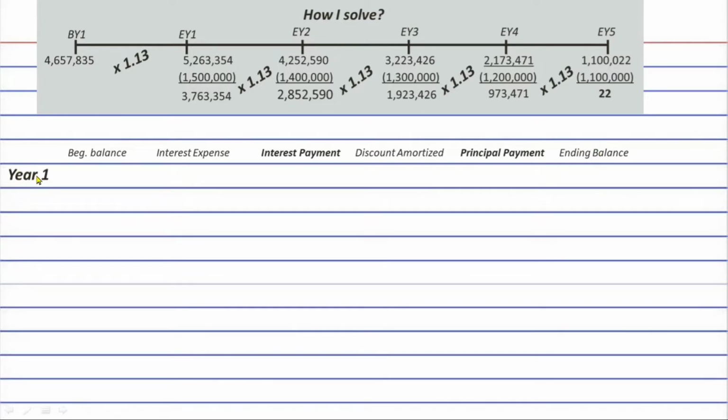Let's start with year 1. The beginning balance is 4,657,835 as given in the problem. But if it's not given, then the process of getting this amount is the same as what I explained in the past episode, which is principal minus charges or transaction costs.